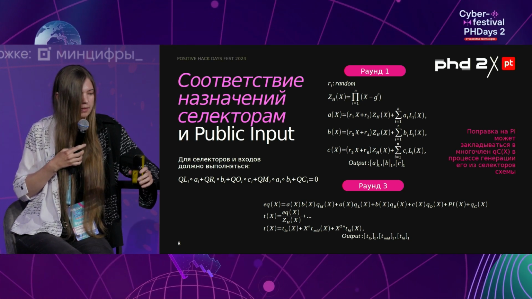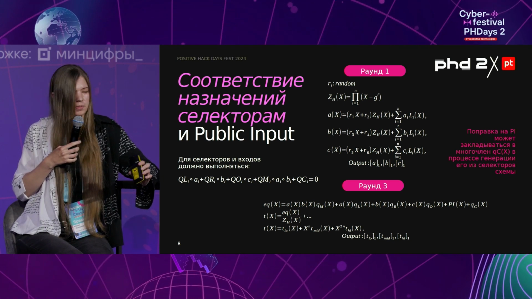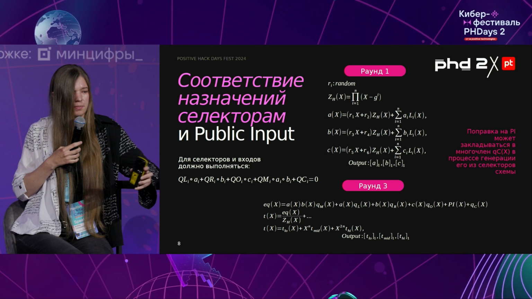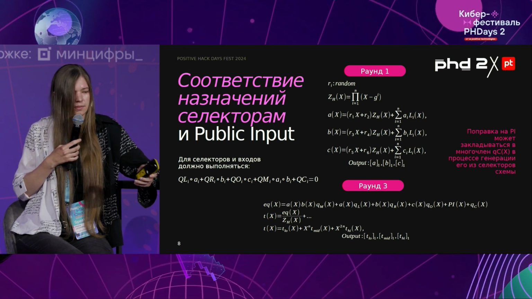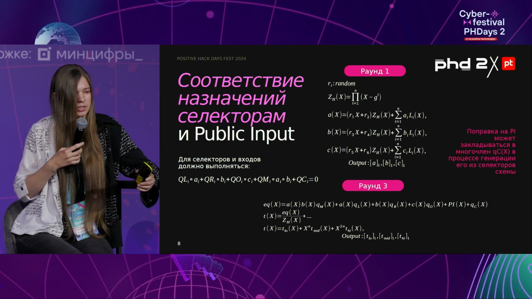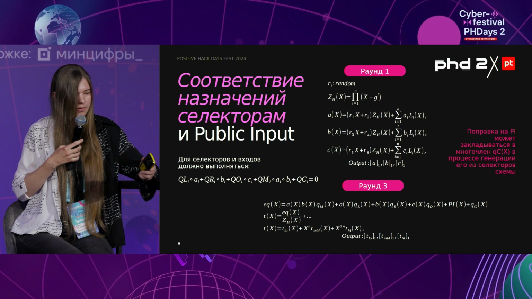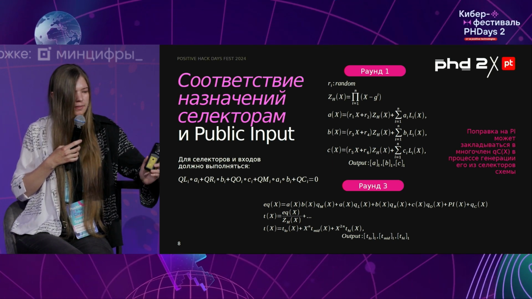So, how can the prover prove that? They form a polynomial that is equal to 0 in all nodes of the scheme. It's the vanishing polynomial, ZH(X), up there in the round 1 section.